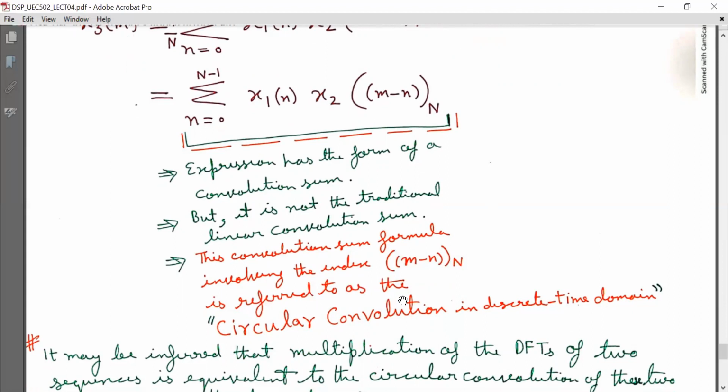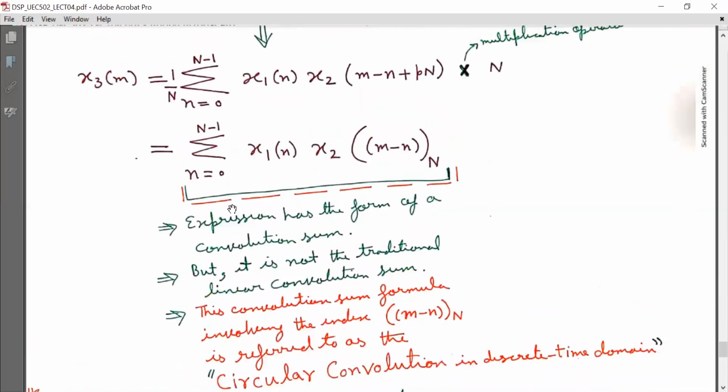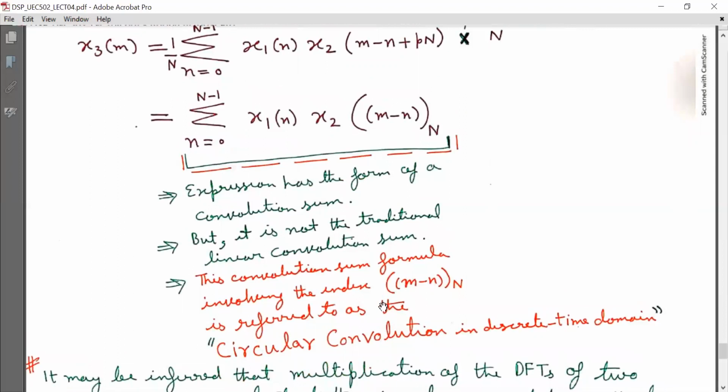It is referred to as the circular convolution in discrete time domain. So it is not linear convolution sum. It is quite different from linear convolution sum. In the next lecture, we will discuss in detail how they are different and when they are the same.